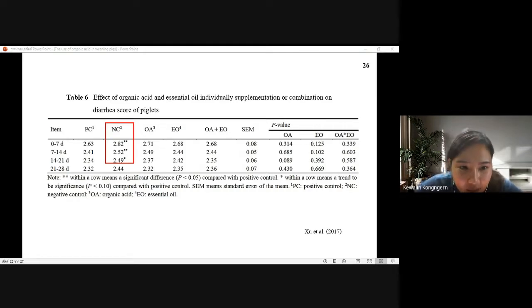If the organic acid doesn't have a better result than the essential oil, we can decide to use just one, comparing with the value that we spend when we buy the feed additive.